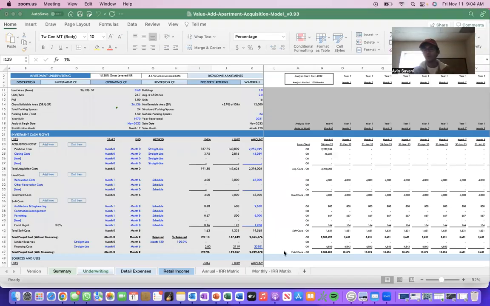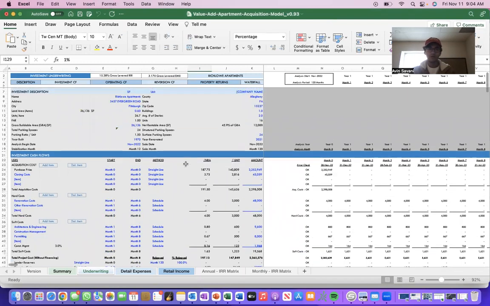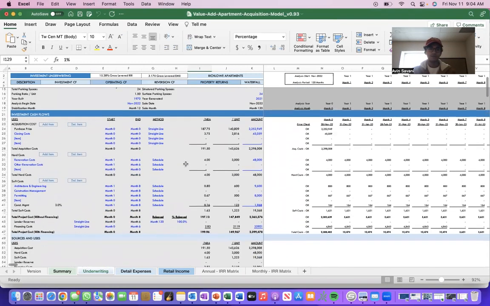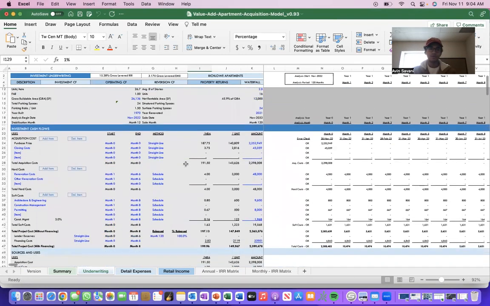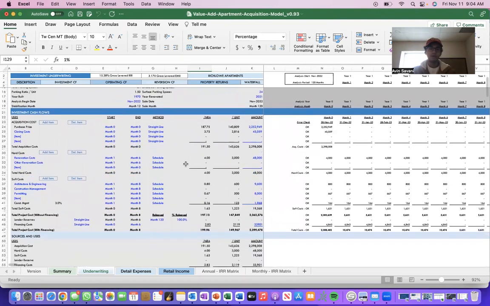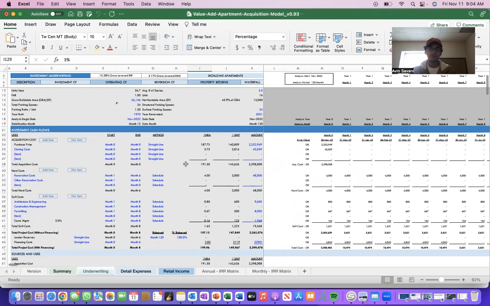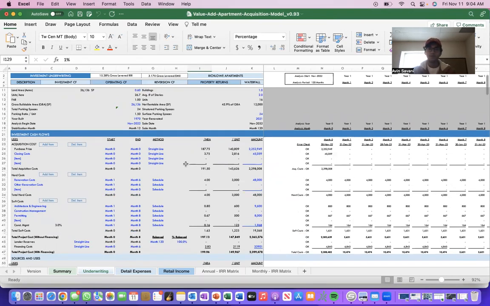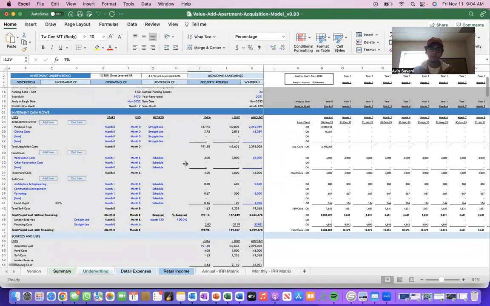You can do a back of the envelope underwriting model, but this takes it to the next level. This is just one property that we underwrote. I blurred out the other information, but this is a cool deal that we got through.